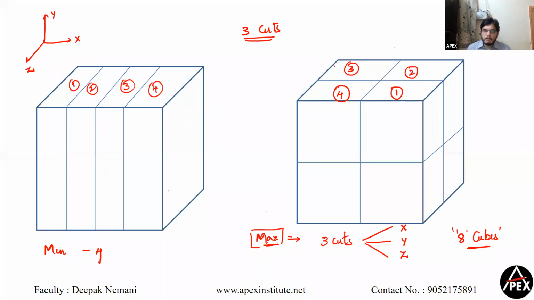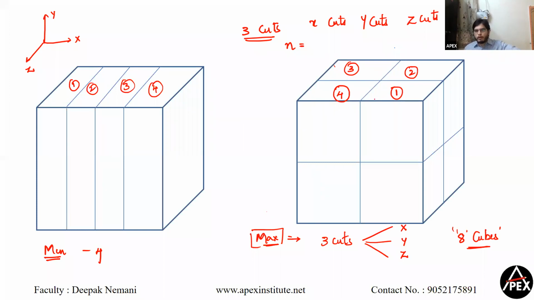So please understand when we will get the minimum number of pieces and when we will get the maximum number of pieces. Now if I say we have made X cuts in one direction, Y cuts in the second direction, and Z cuts in the third direction, what are the total number of pieces that we will get?